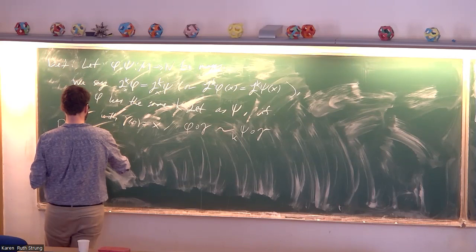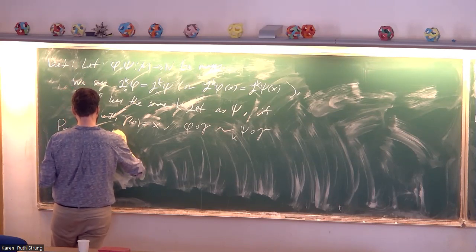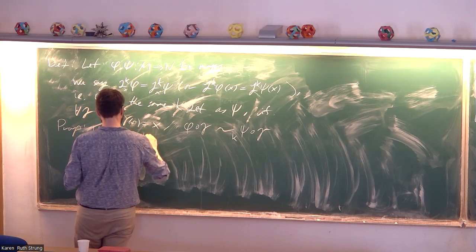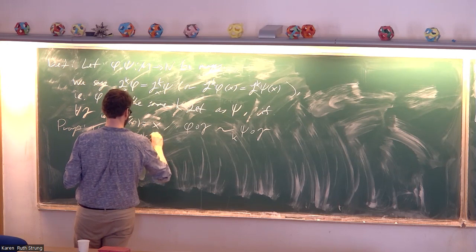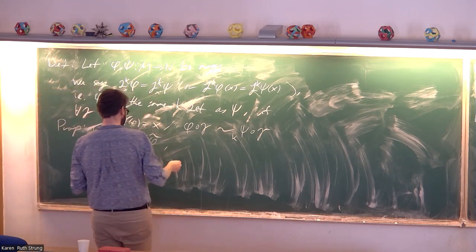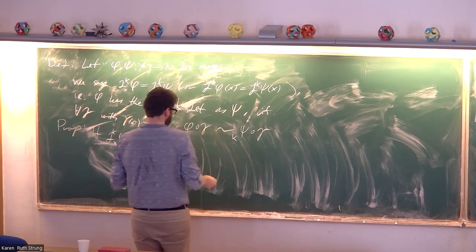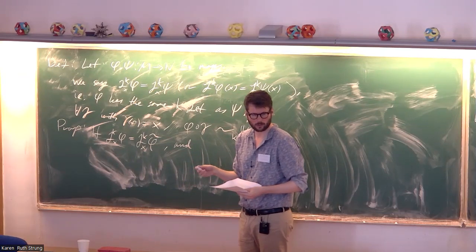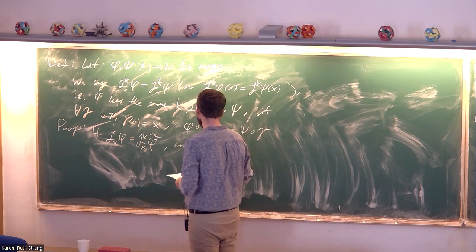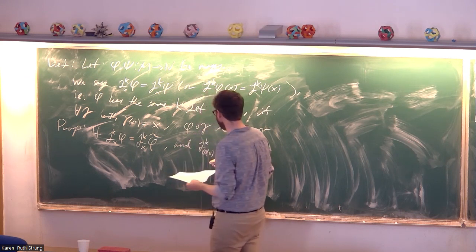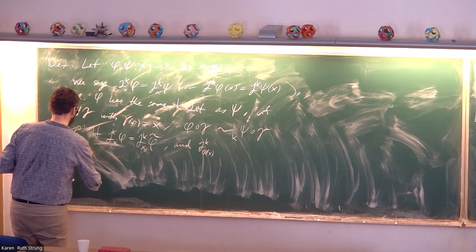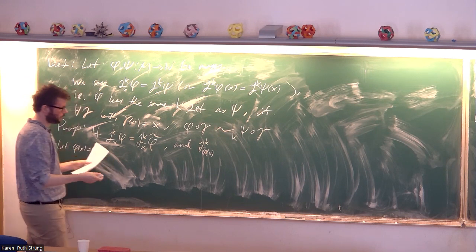So if you have two maps, phi and phi tilde, with the same kth order jet at x, and you have another pair of maps which have the same kth order jet at the value phi of x, and maybe we just write let phi of x be equal to y to simplify the notation a bit.